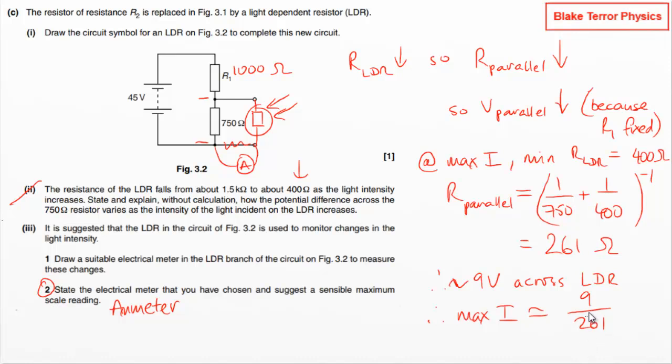That's about a third divided by 10, so it's going to be 0.03, give or take, and a bit more amps. So we want a sensible maximum reading. Let's go for 40 milliamps. That sounds reasonable, I think. 40 milliamps as a maximum.